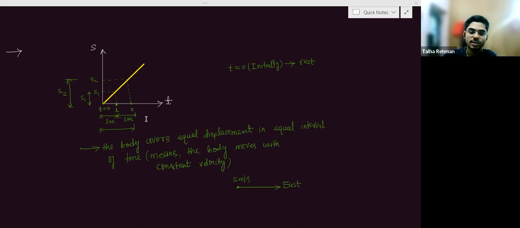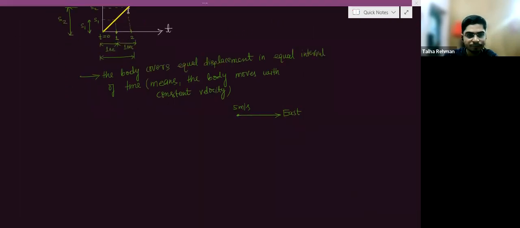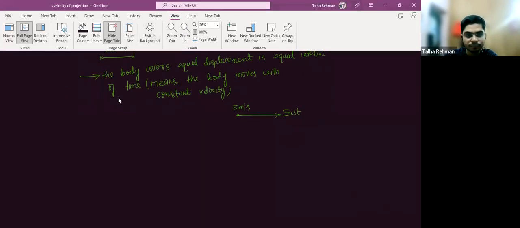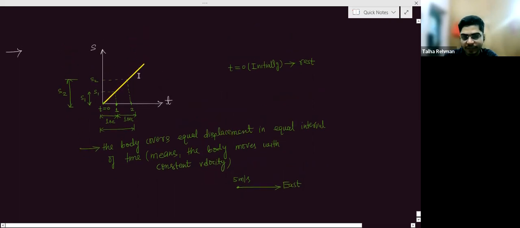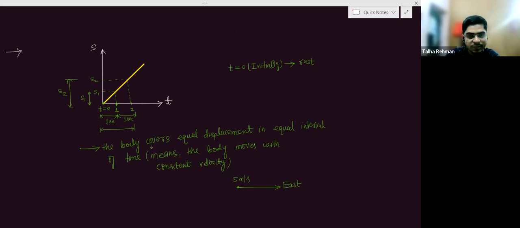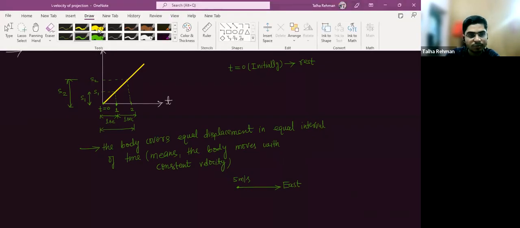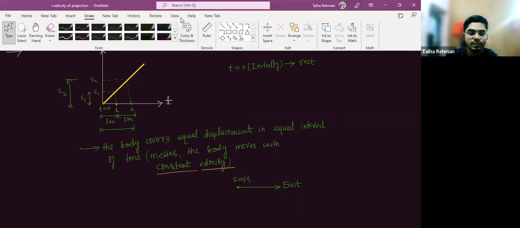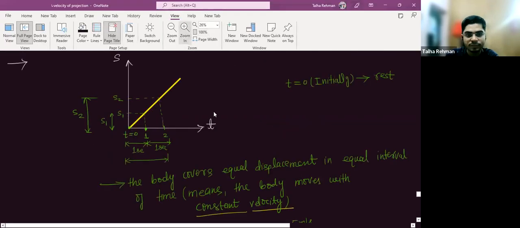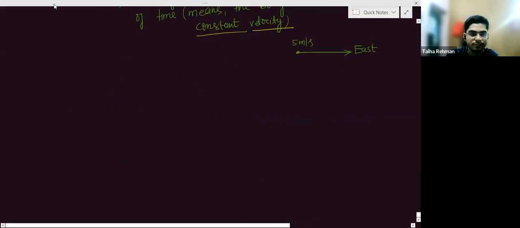So there is one more graph. If a graph is a straight line, then you will say the body is moving with constant velocity. The graph is a straight line, so the body is moving with constant velocity. Okay, so next graph.